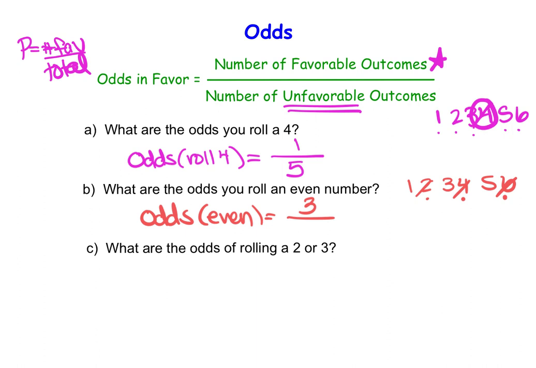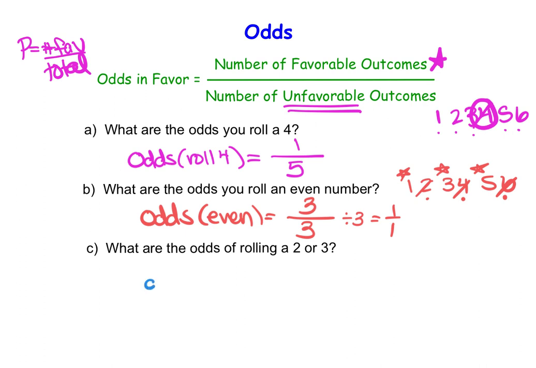The bottom is unfavorable. So here I have 1, 2, 3 unfavorable outcomes. So I have 3 in the top and 3 in the bottom. Notice it's 3 favorable to 3 unfavorable. Now these are both divisible by 3 and would simplify to 1 over 1. So again, notice the difference. It's not favorable over total, it's favorable over unfavorable.